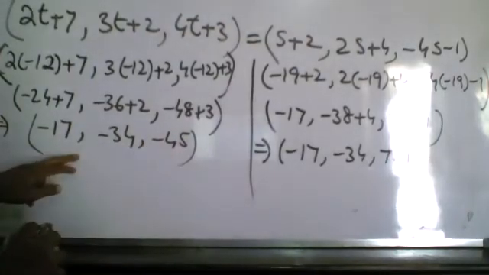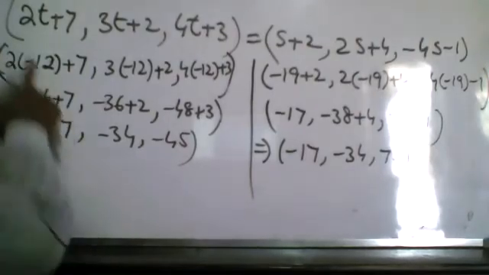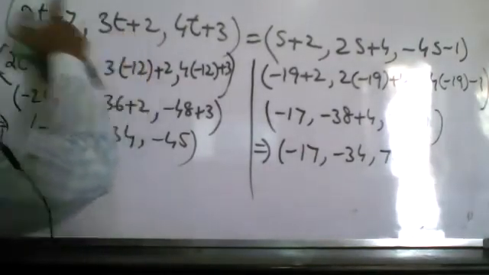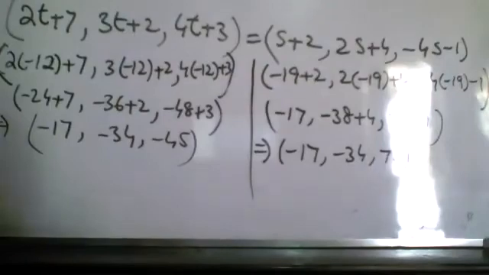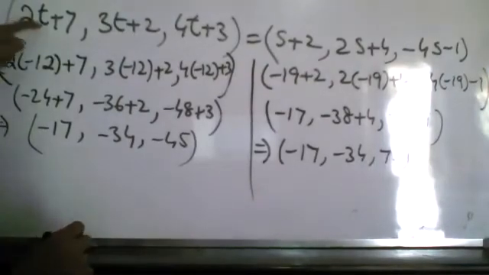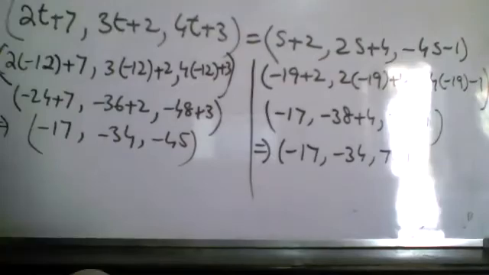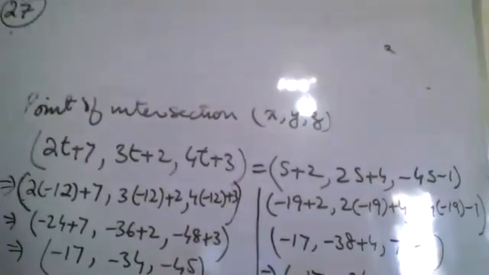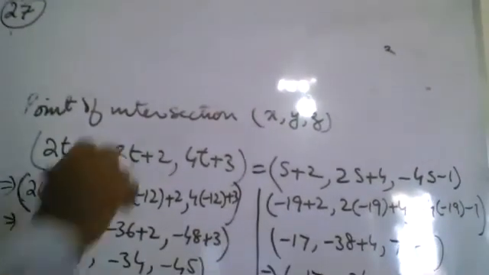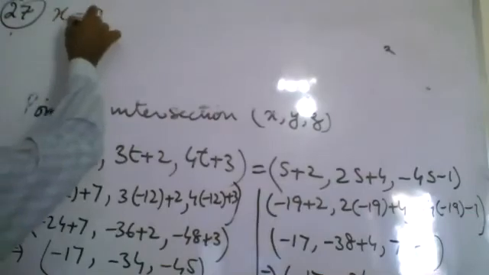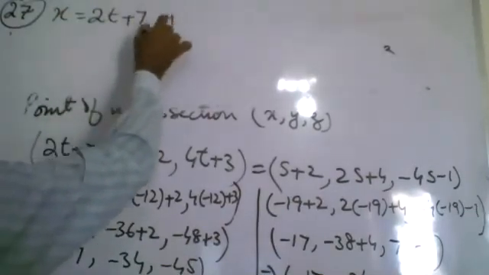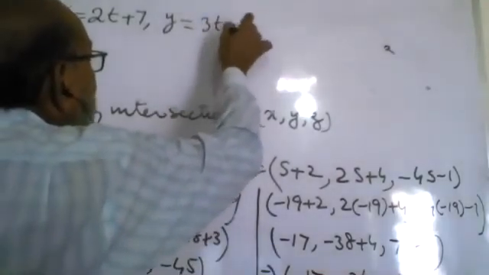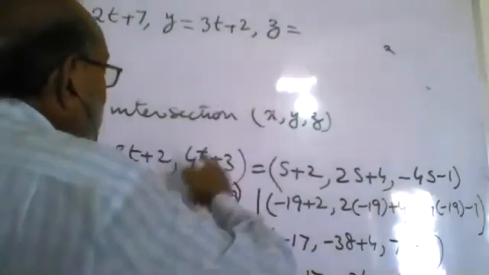We will consider this point as the point of intersection, and we'll take the line, this one. I'm again writing the equation of the line: x is equal to 2t plus 7, y is equal to 3t plus 2, and z is equal to 4t plus 3.